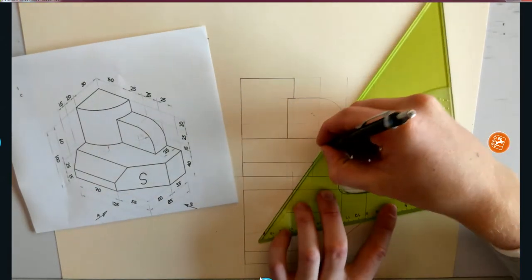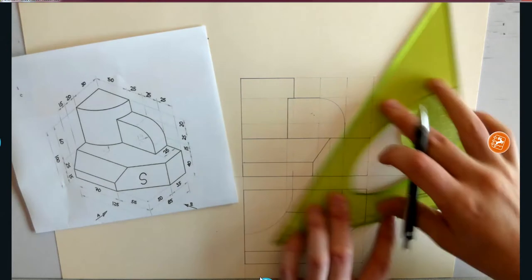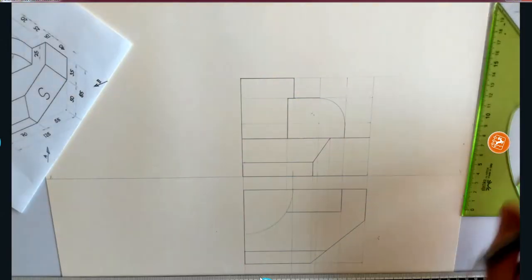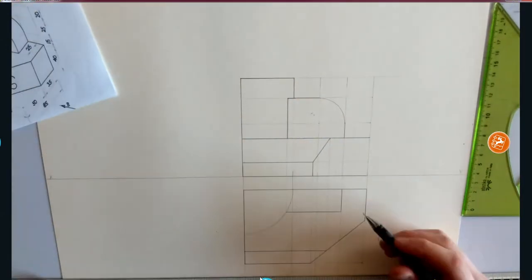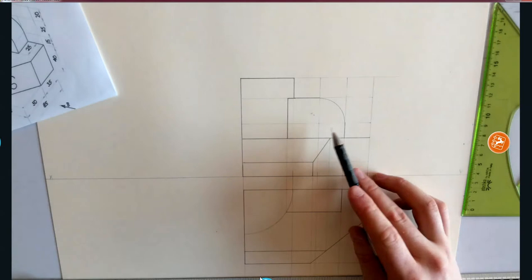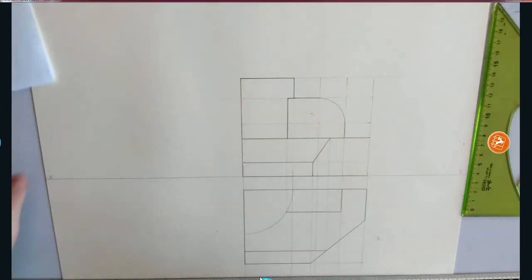It's going to be a firm line now. Okay, so that is our plan and our elevation, and just a matter of doing our end view.